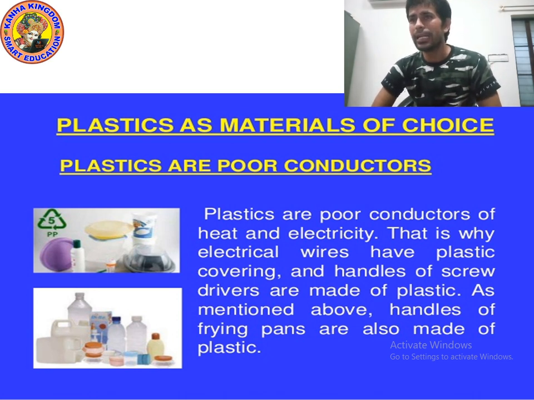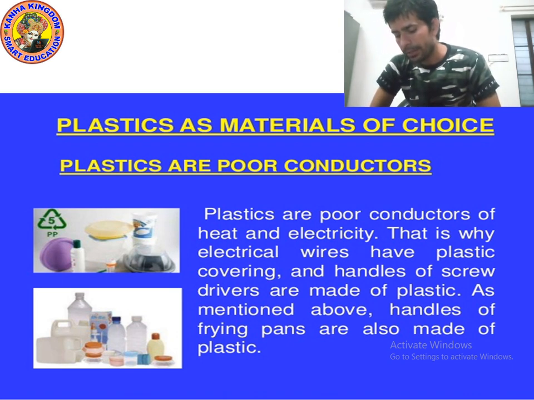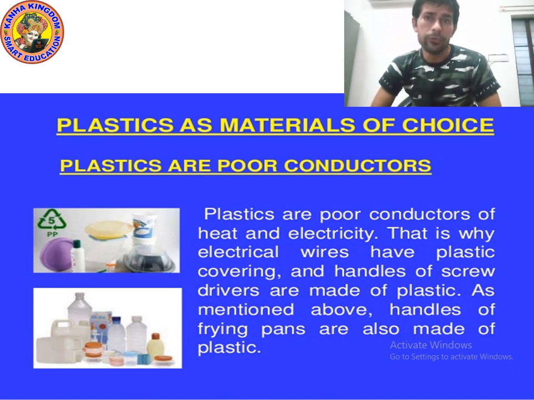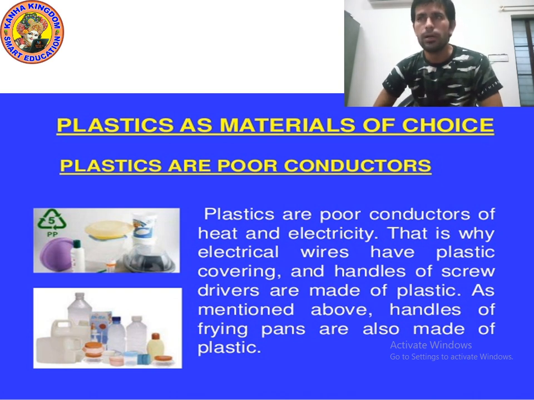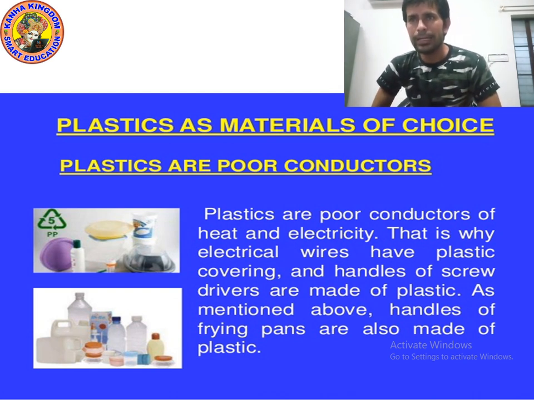That is why electrical wires have plastic covering. The copper wire has a covering that is actually made of plastic. And handles of screwdrivers, we use them to open many electrical items like TV, fridge, mobile.